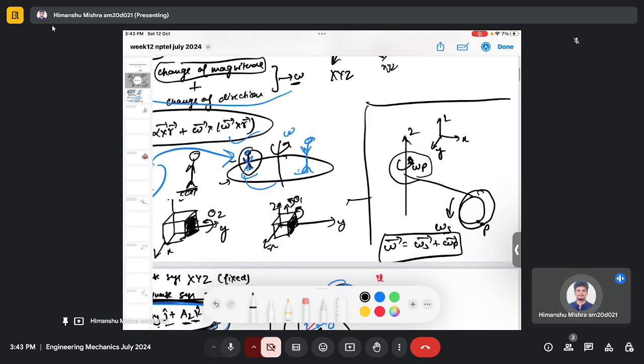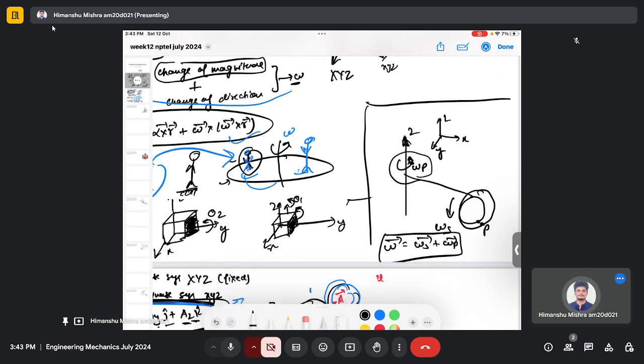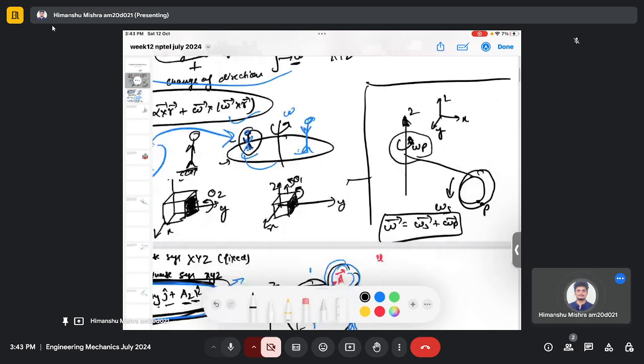If omega p is 0, let's say the z axis is not rotating at all, you will get the angular velocity of the disk as just omega s. In this case the only angular motion is omega s, the angular velocity of this disk. But if there is another angular velocity about the z axis, then the resultant angular velocity will not be just omega s, it is omega s plus omega p.